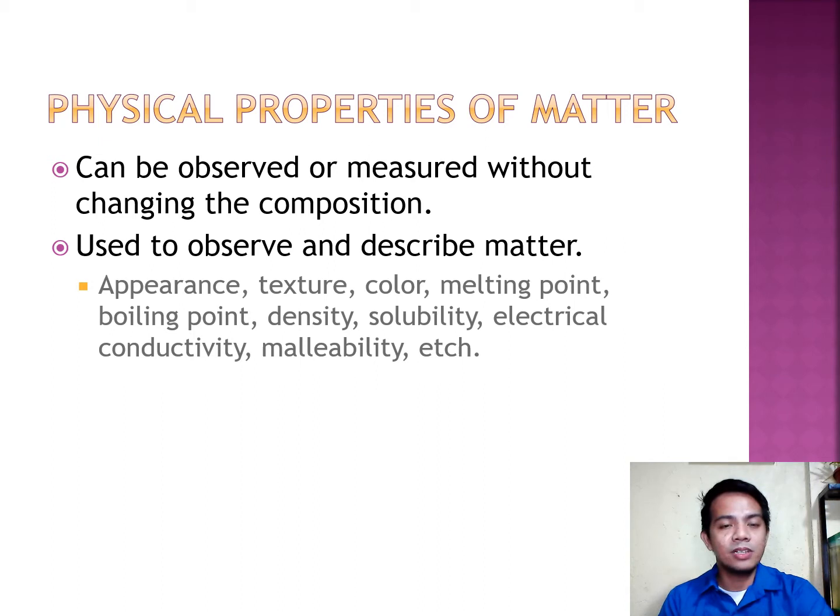Examples of physical properties are the appearance, the size and shape, texture, is it smooth or rough, the color or luster, the way light interacts with the surface of matter, the melting point, boiling point, density, solubility, the ability of a solid, liquid, or gaseous chemical substance to dissolve in a solvent, electrical conductivity, and malleability, the ability to hammer, press, or roll into a thin sheet without breaking.